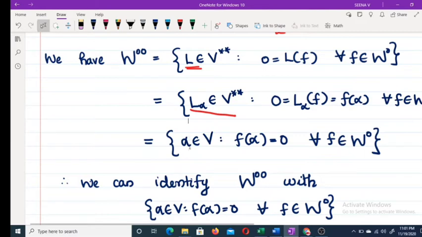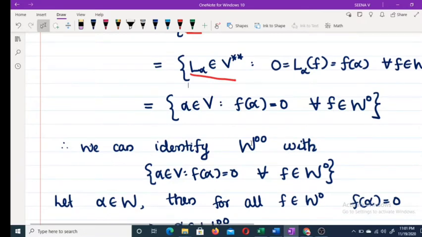So we are identifying W double naught with the set of all alpha belongs to V such that f of alpha equal to 0 for every f belongs to W naught.